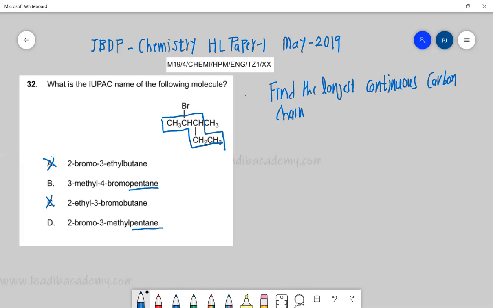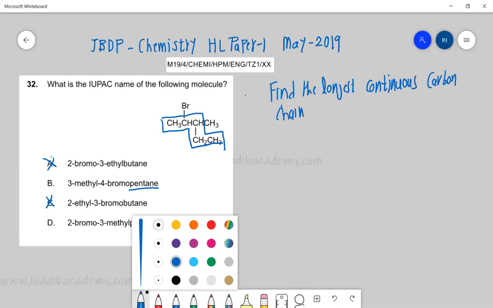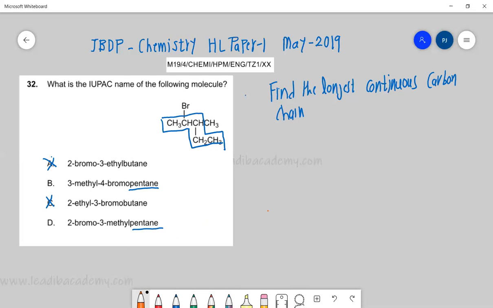Now comes the next part. We have to start numbering. Please remember, this is basically a haloalkane. So the numbering has to be such that the functional group, the bromine, gets the lowest possible number. So obviously we start numbering from here: 1, 2, 3, 4, and 5.